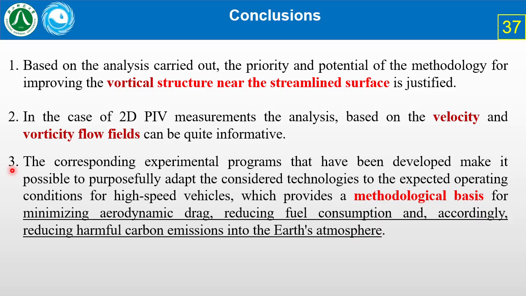And third, the corresponding experimental programs that have been developed make it possible to purposefully adapt the considered technologies to the expected operating conditions for high-speed vehicles, which provides a methodological basis for minimizing aerodynamic drag, reducing fuel consumption, and accordingly reducing harmful carbon emissions into the Earth's atmosphere.